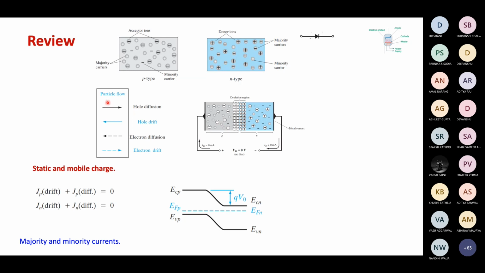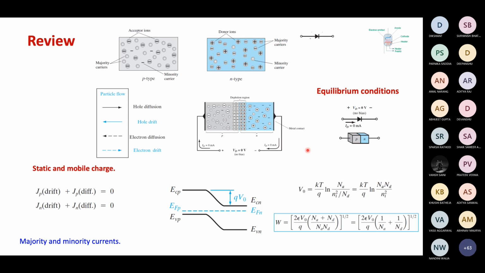And as you can see, the direction of diffusion and drift for the same carrier is reverse. The direction of hole diffusion and the direction of hole drift are opposite. Similarly, for electrons, the directions of electron diffusion and electron drift are reverse. Apart from that, I also mentioned that this voltage is directly proportional to the doping on both sides of the junction.